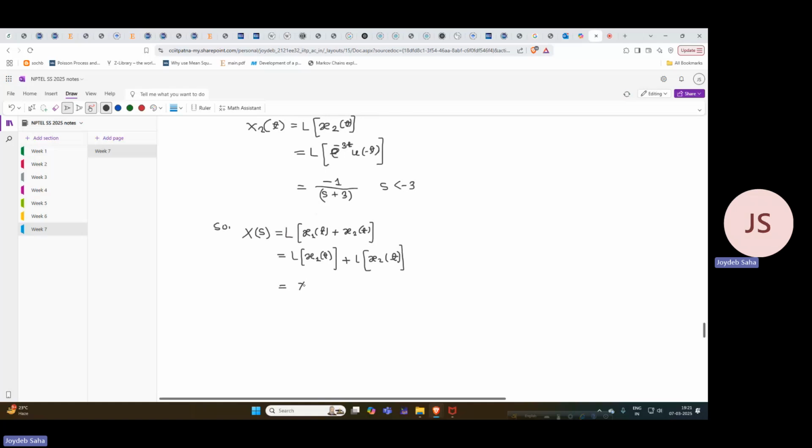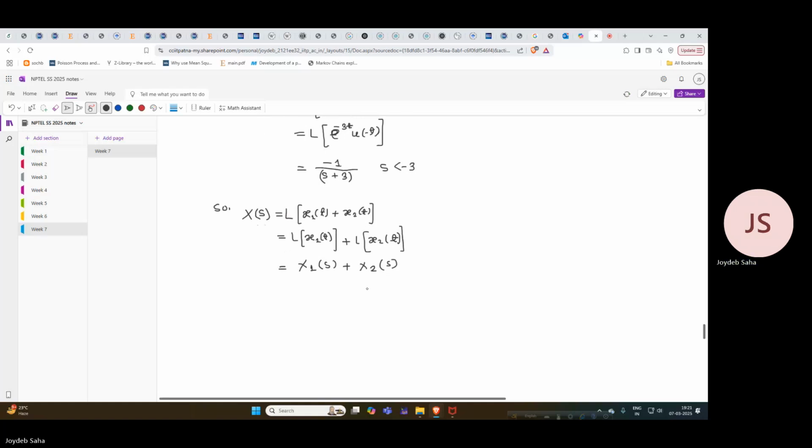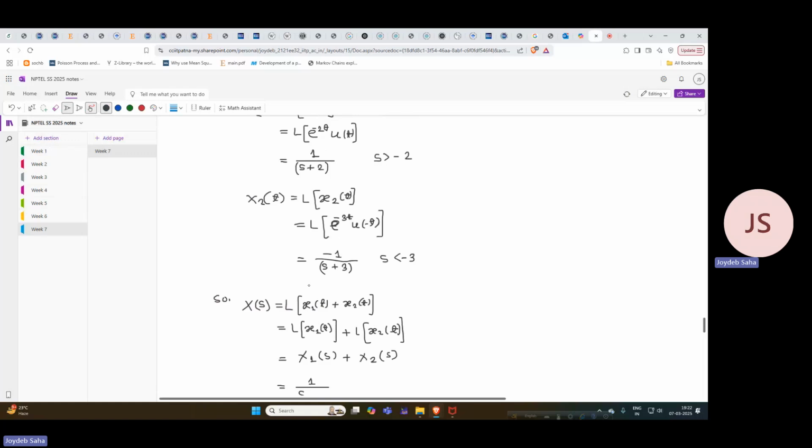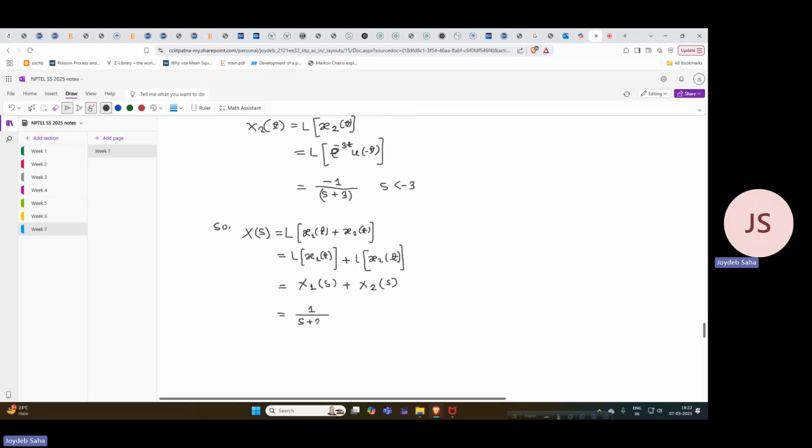Sorry, this is capital X1(s) plus capital X2(s), which is equal to 1 upon s plus 2, and minus 1 upon s plus 3.